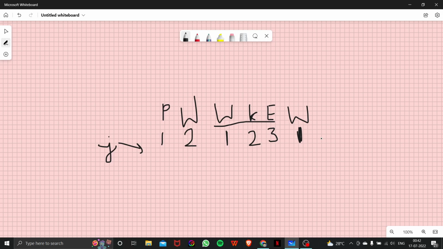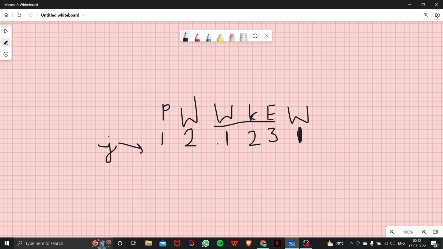So what we can do here is, see, if we encounter a new letter, we'll increase j. Suppose here our W was 1, here we encountered a new letter, so we increased j. Here we encountered a new letter, so we increased j. Now, if we have the same letter, then what are we going to do here?